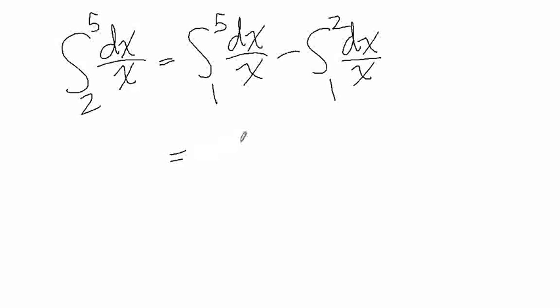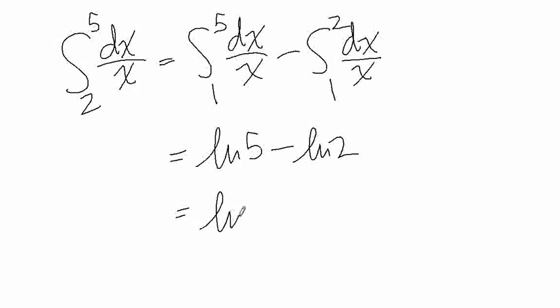So the first integral on the right side is the natural log of 5. The second integral on the right side is the natural log of 2. The difference of natural logs can be written as the natural log of a quotient. So look at that. We did the integral and we got the natural log of 5/2. Okay?